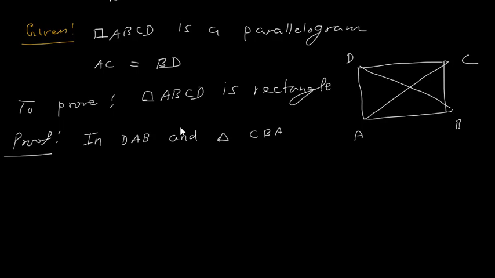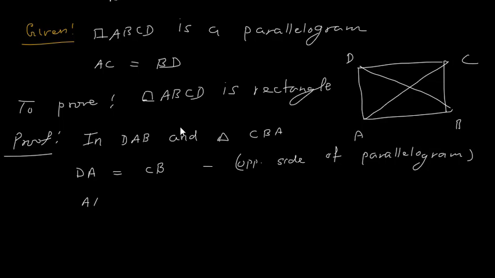In these two triangles, DA is equal to CB. This is the opposite side of a parallelogram, therefore it is equal.